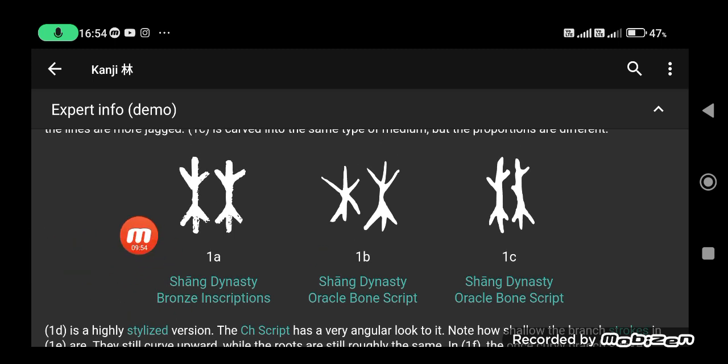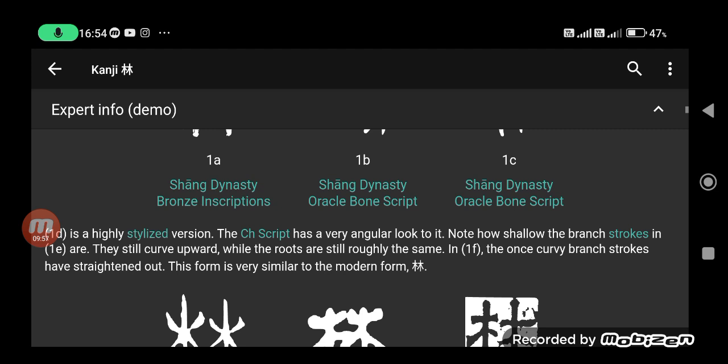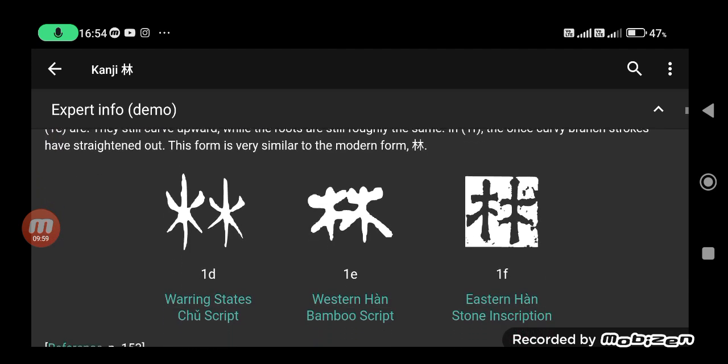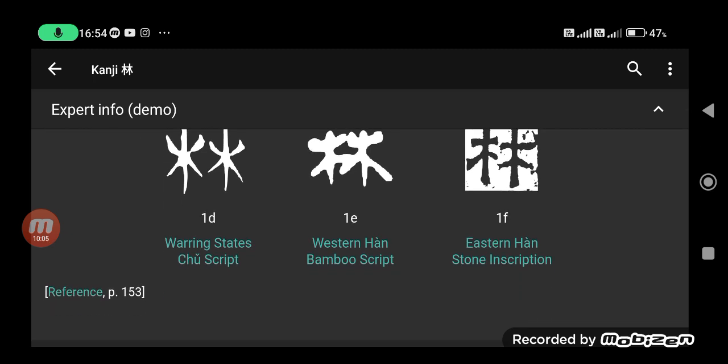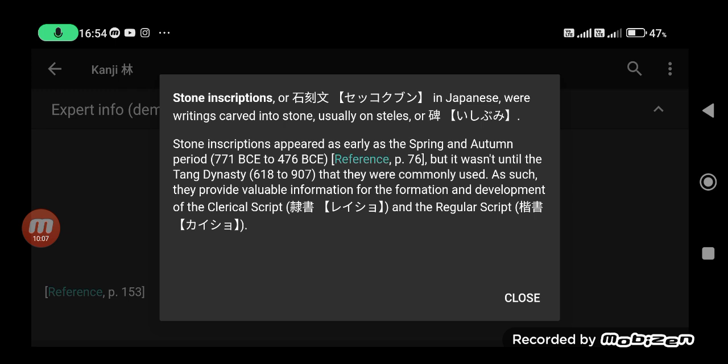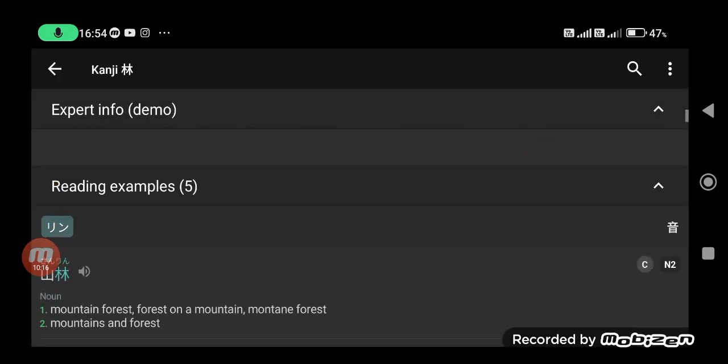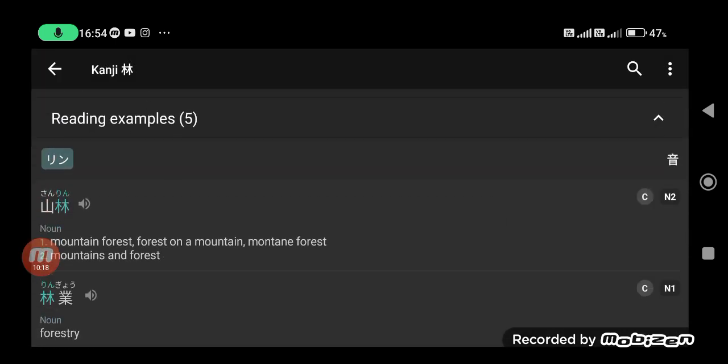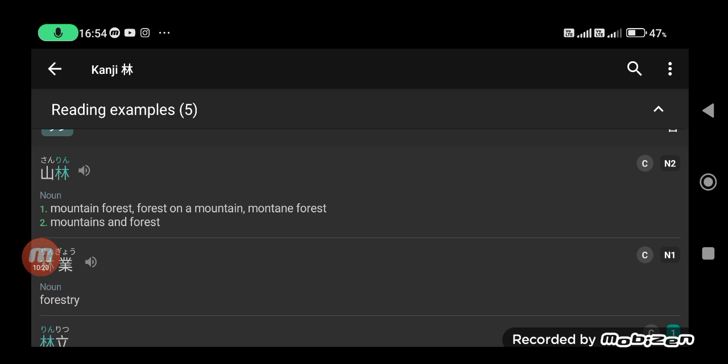You have the picture from the Shang Dynasty, and then it later evolved up to the Han Dynasty, sometime within this time period. Okay, so let's go to vocabulary.